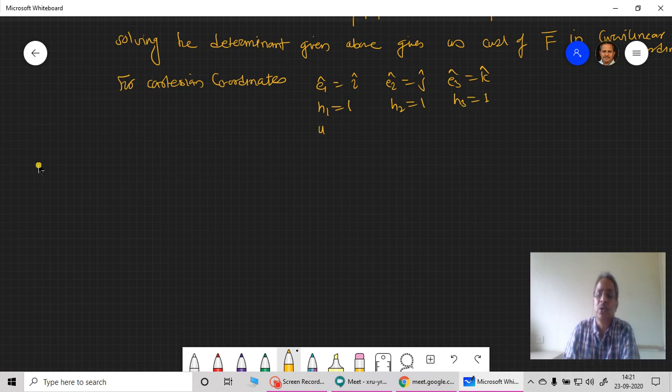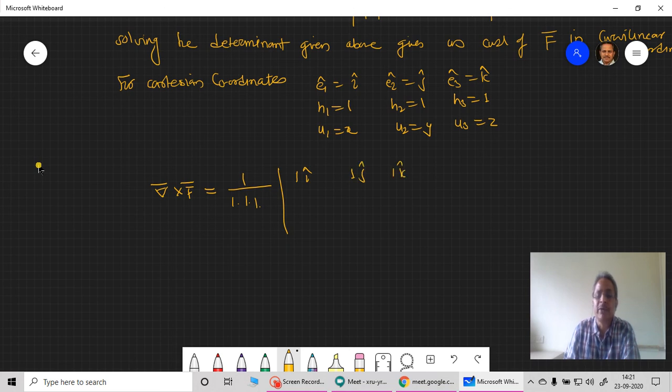Then u1 is x, u2 is y, and u3 is z. If I use this and try to find del bar cross f bar, or curl of the function f bar, this will be equal to 1 upon 1 into 1 into 1, bracket, 1 into i cap, 1 into j cap, 1 into k cap.